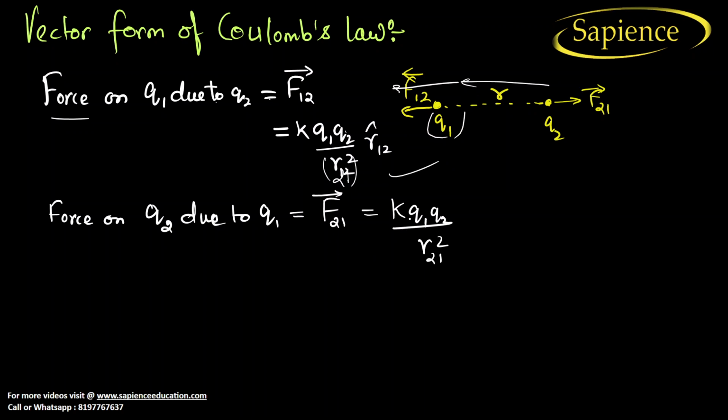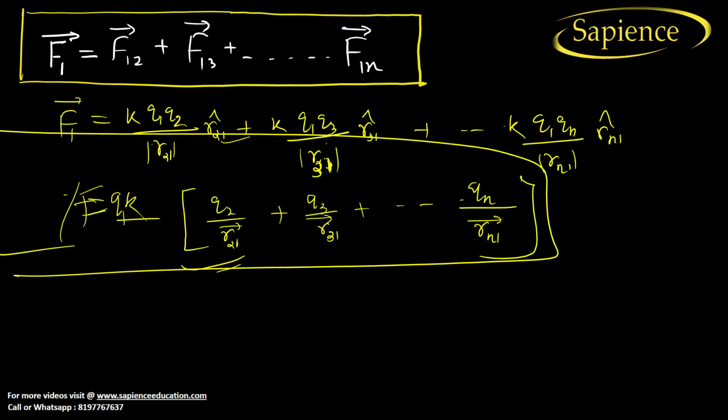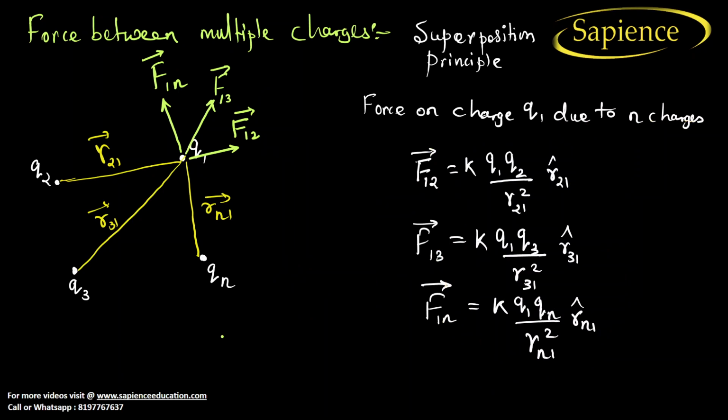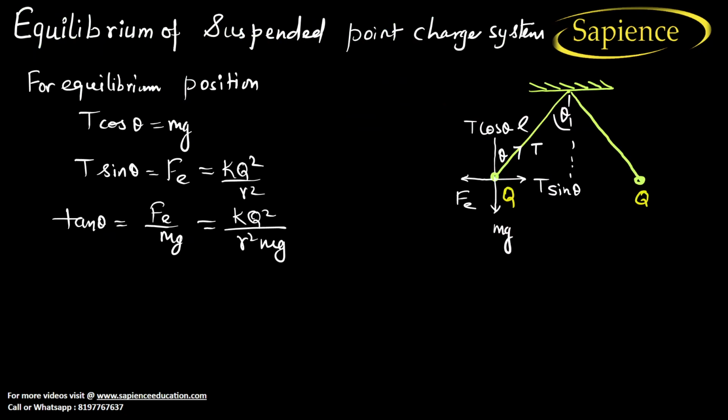Always remember, this won't work; always use this reversing concept. What is the reversing concept? If there is 12, you have to write 21. If there is 13, you have to write 31. And if there is 1n, you have to write n1. Always just reverse so that you get the proper direction. I hope you have understood.